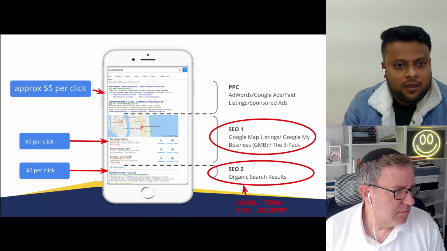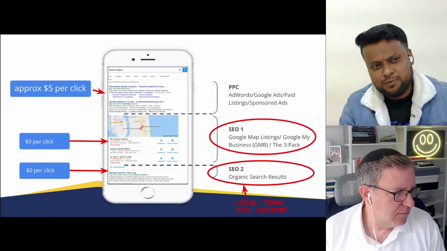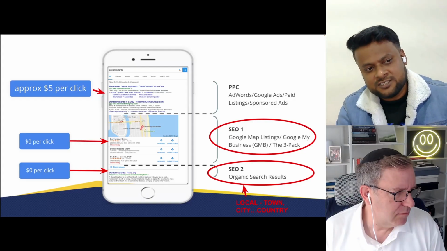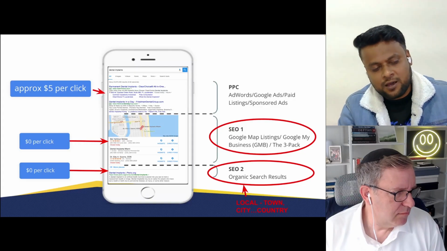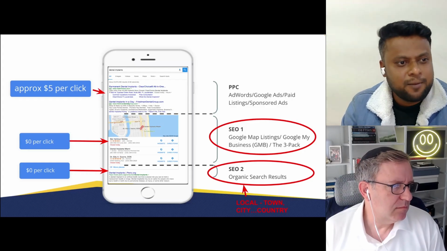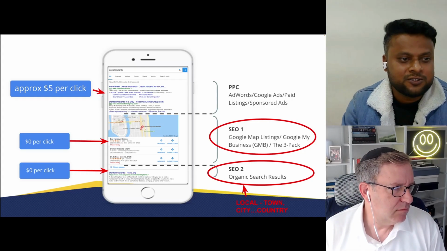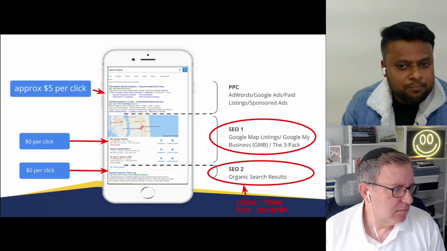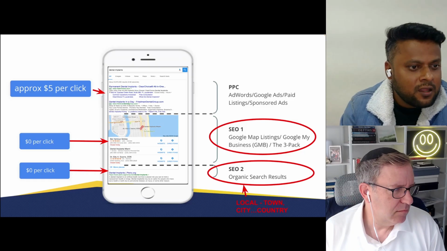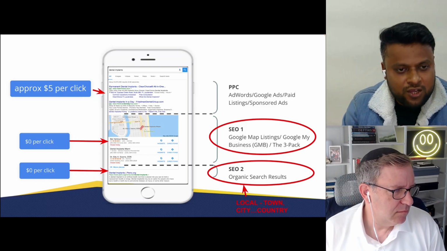SEO 1 over here is basically the GBPs of these dental practices, and we call them the map pack. In this example, Bal Harbor Smiles is at position 1, Dental Implants Miami is at number 2, and Dr. Eddie is at number 3.